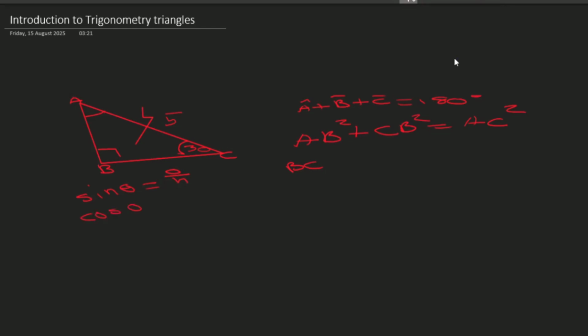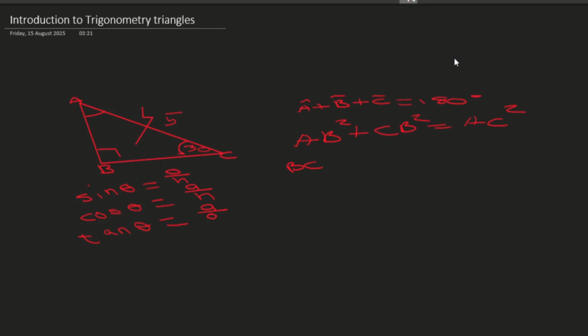And then tan of the angle will always equal the opposite side over the adjacent side. So it will always be in reference to the angle. In this case, because we're using angle C, sine of angle C will always equal AB, which is the opposite side of that angle, over the hypotenuse.